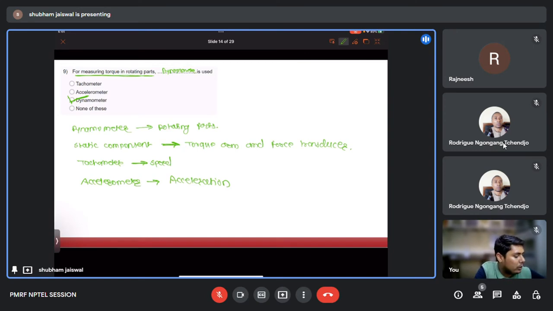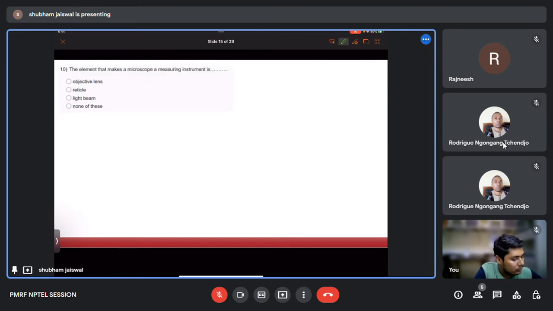So moving to our next question. The element that makes a microscope a measuring instrument is: objective lens, reticle, light beam, none of these. What do you think, Mr. Rajnish? Mr. Roderick?